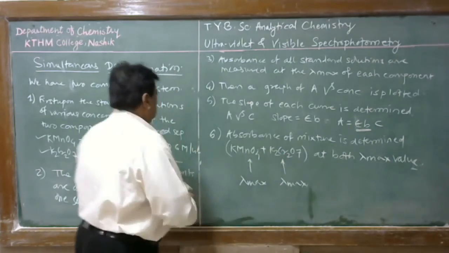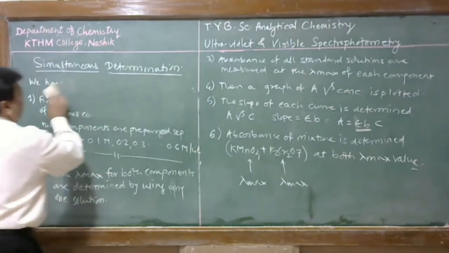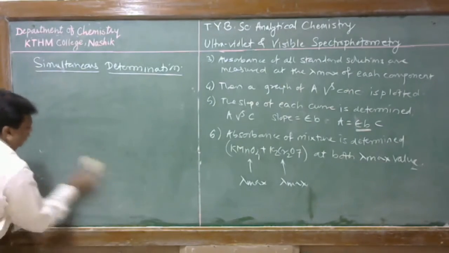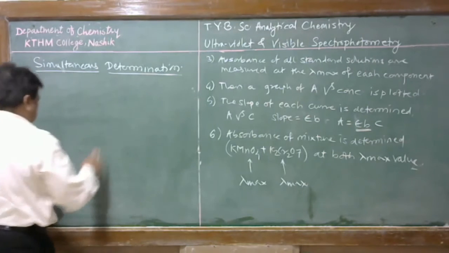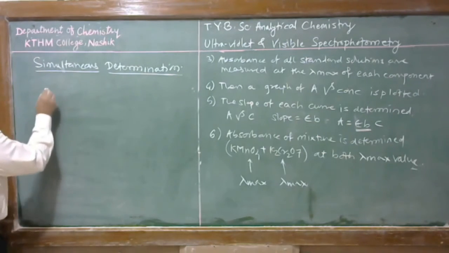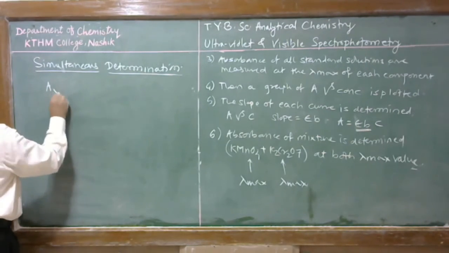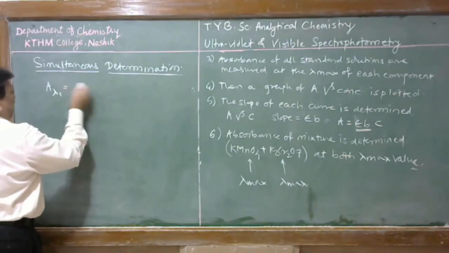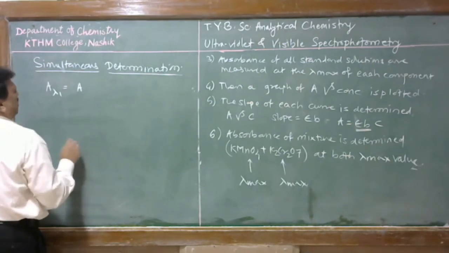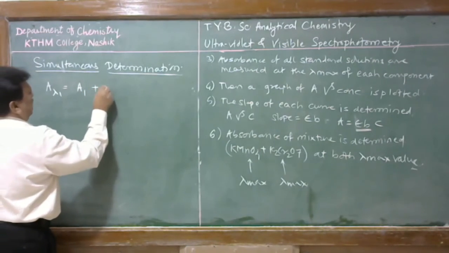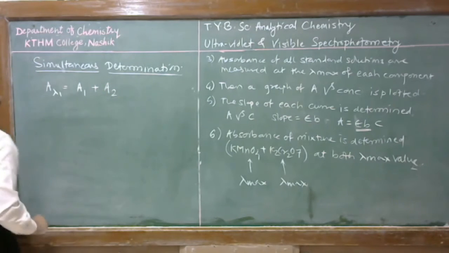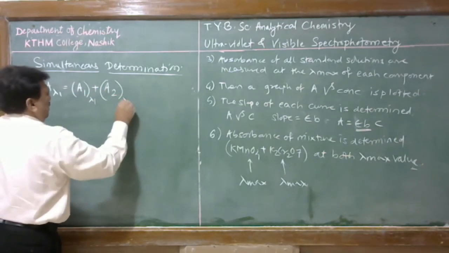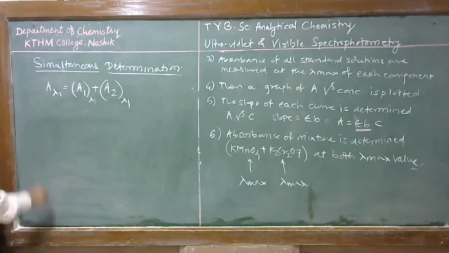in the mixture. Therefore, in this case, suppose we have a two component system, then the absorbance of the mixture at lambda 1, any wavelength, by the additivity of absorbance, is the absorbance of the first component plus the absorbance of the second component, both at lambda 1.